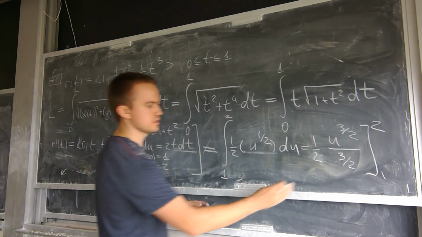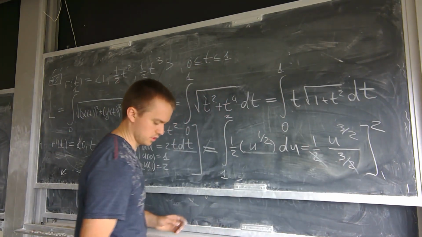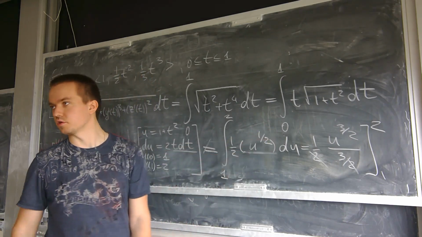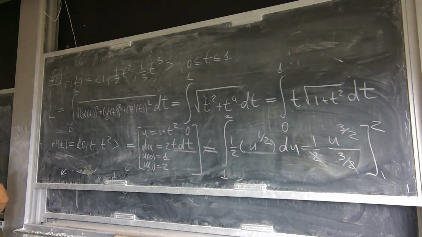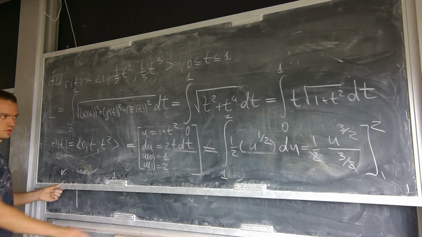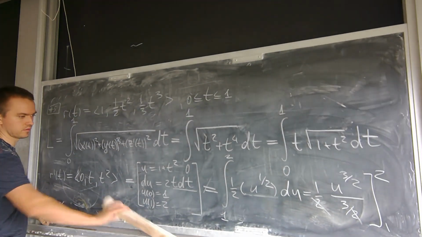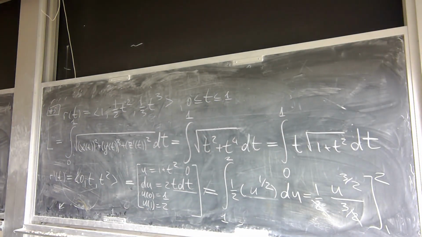And here the 2 gets cancelled. So you can just plug in your numbers and you will get your final answer. Any questions about this problem? I just wanted to remind you how to find the arc length. Can I erase this?